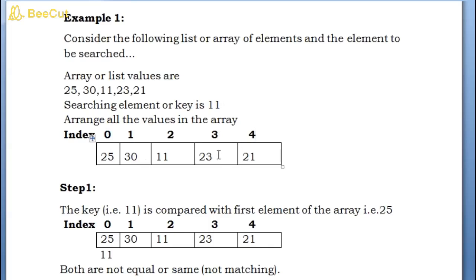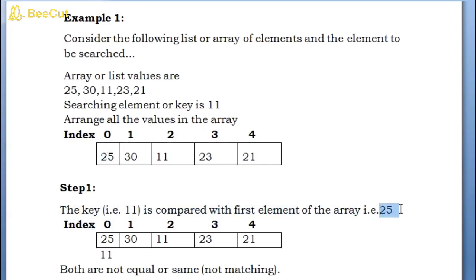Now according to the linear search mechanism, in step 1, the key element, the key value 11, is compared with the first element of the array. What is the first value of the array? That is 25.